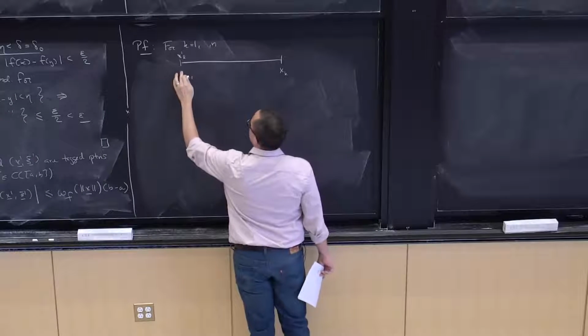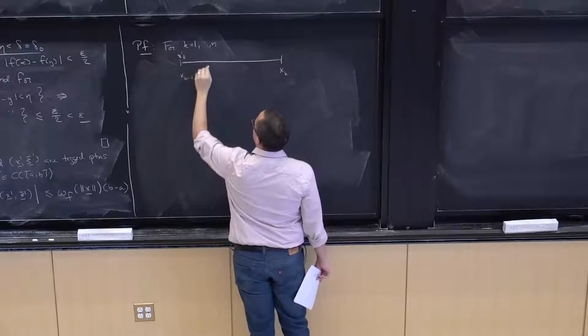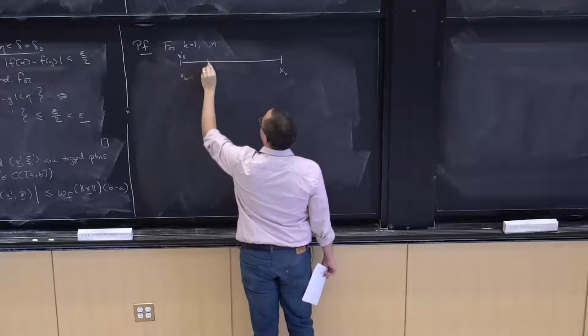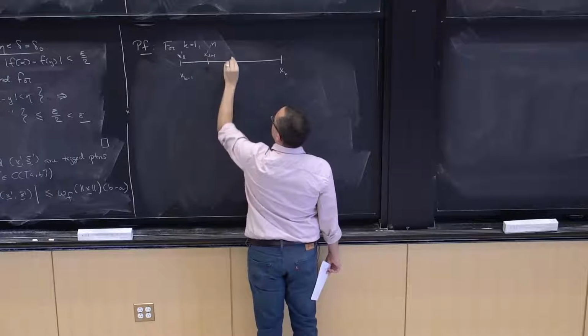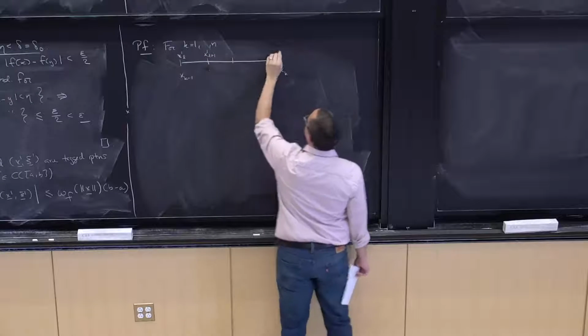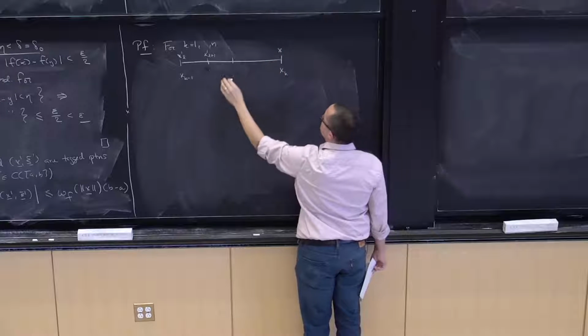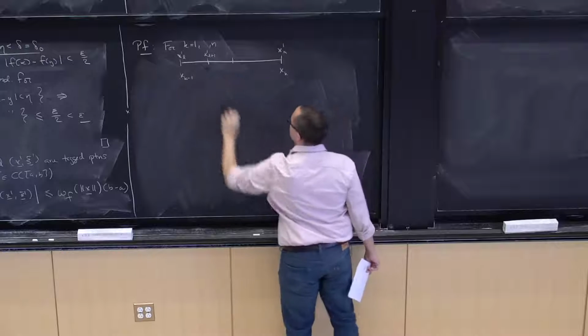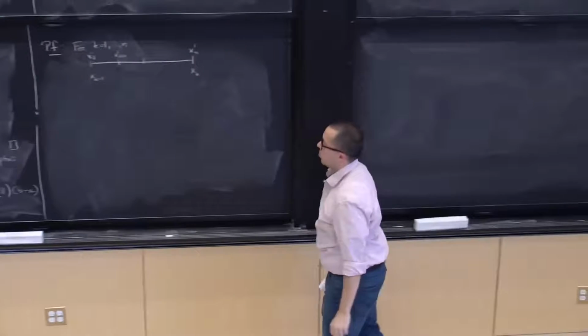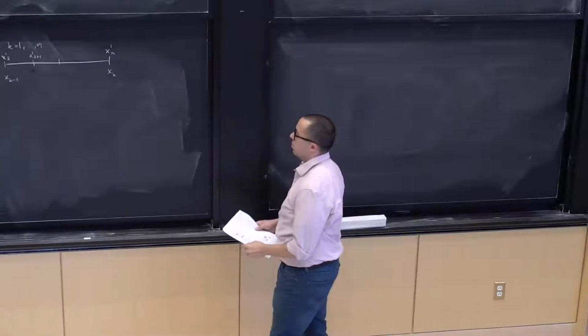So this partition point will be x prime sub l for some l, and then I'll have some other ones, and so on, until I reach the last partition point from x prime, which is contained in this subinterval from the partition x.